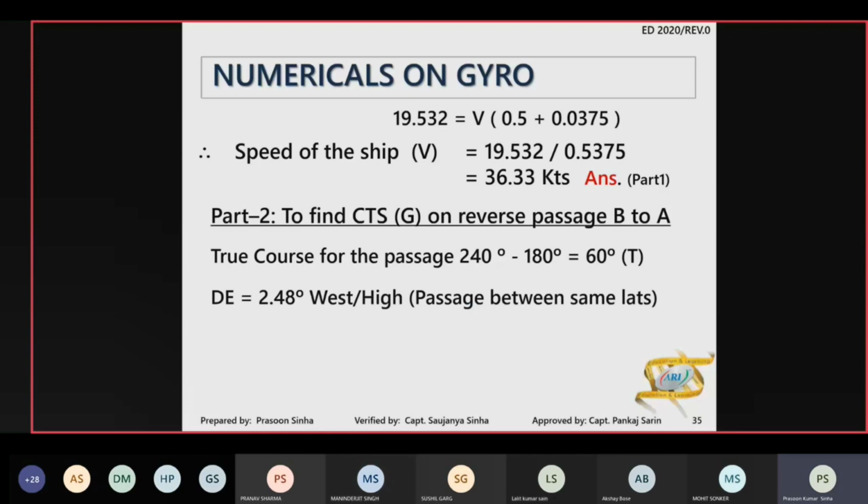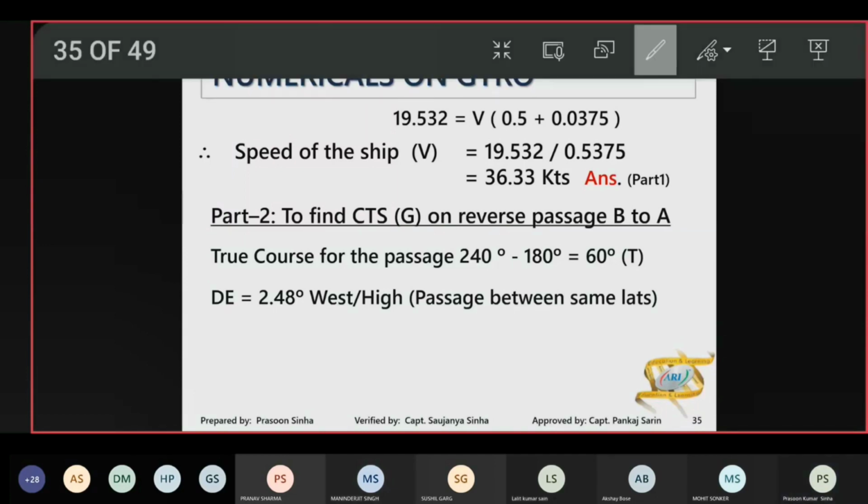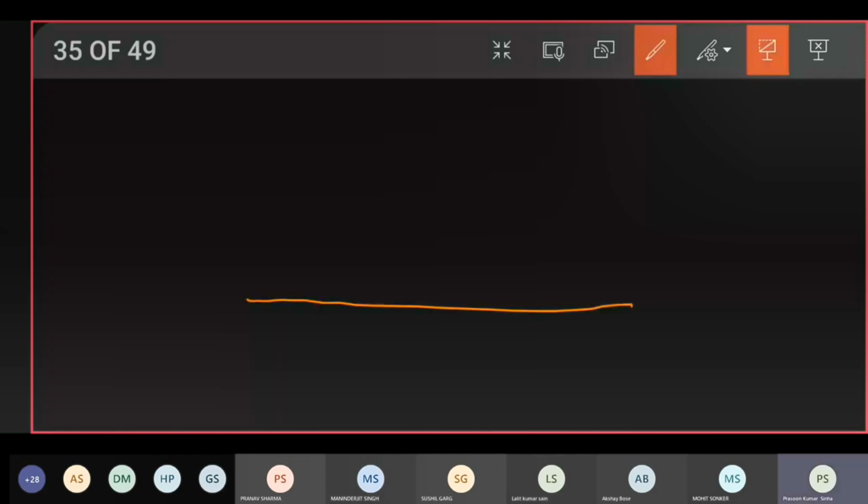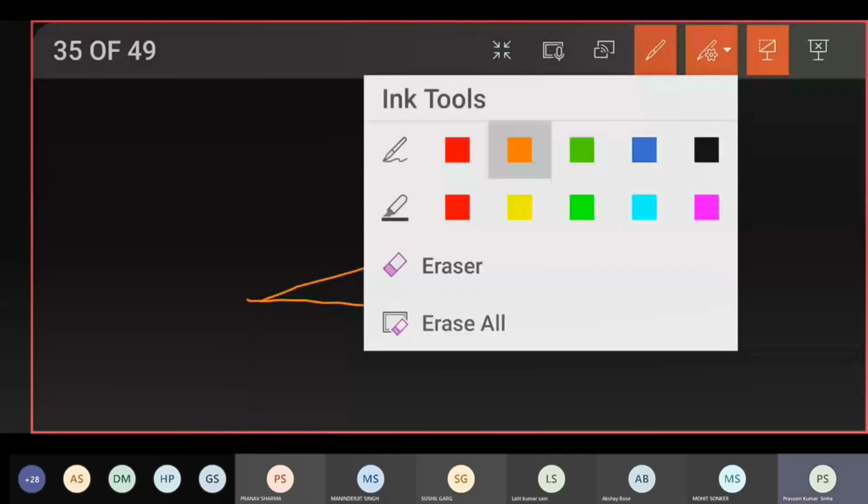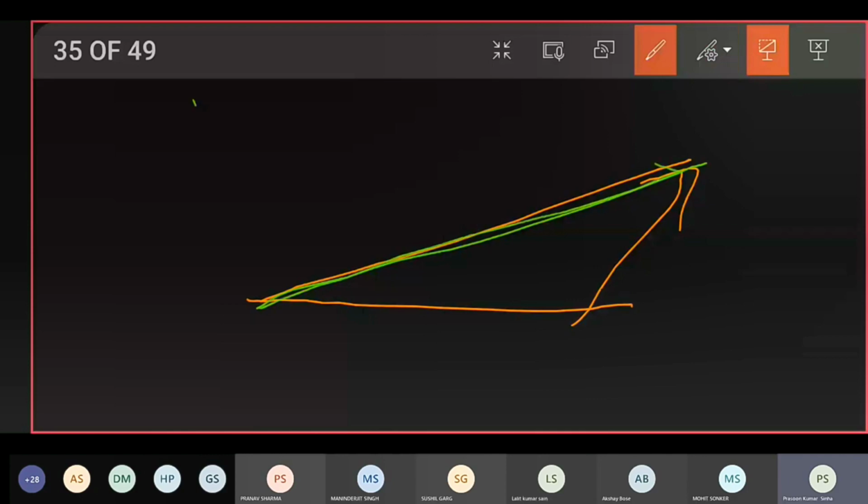DE still remains the same because the ship is sailing between the same latitudes. However, since the course has changed, the steaming error will become different. Course is 060, that means the course is northerly, and the resultant is like this and the error will be westerly.